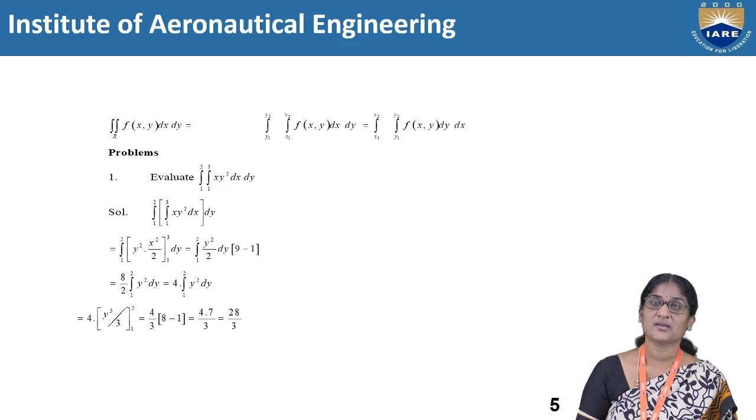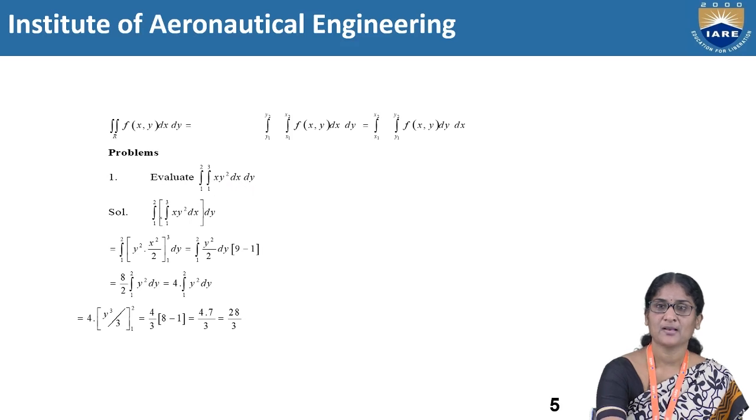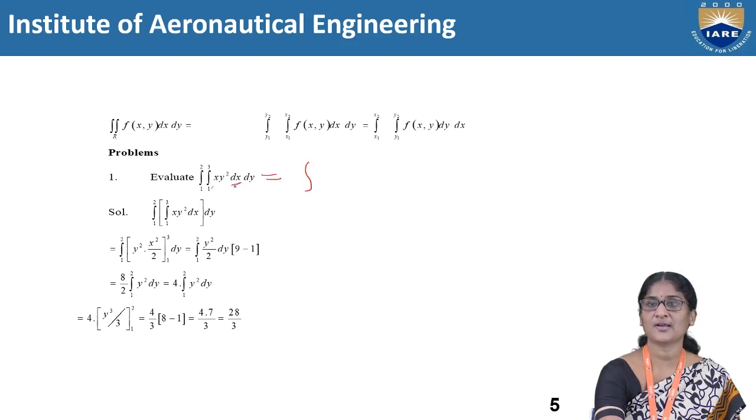Now you see, evaluate the double integral with limits from 1 to 3 and 1 to 2, x y square dx dy. First you have to write which variable the limits belong to. As all 4 limits are constant, the first one belongs to x and the second one belongs to y. So y is equal to 1 to 2.